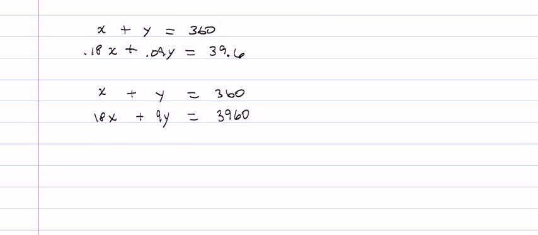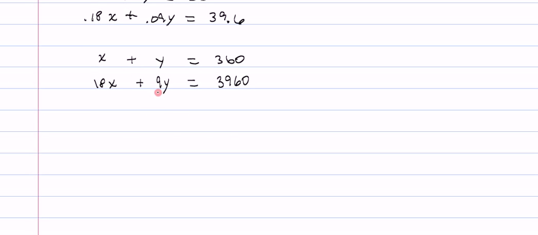All right, so now we have two equations without the decimals, and we want to solve this. Now we could use either substitution or the elimination method. You could even use graphing, but I wouldn't recommend that. This time I'm going to solve by substitution, which means I'm going to solve one equation for x or y and plug that expression into the other equation.